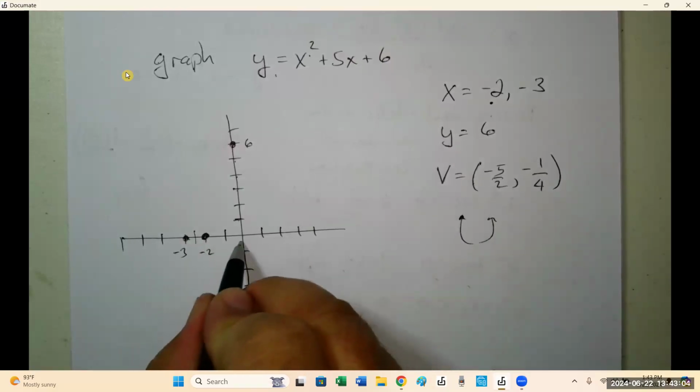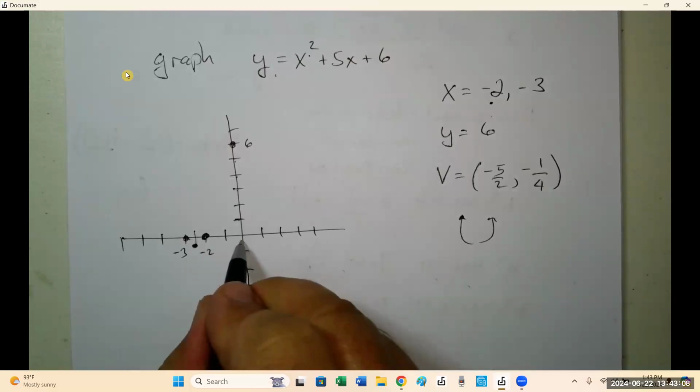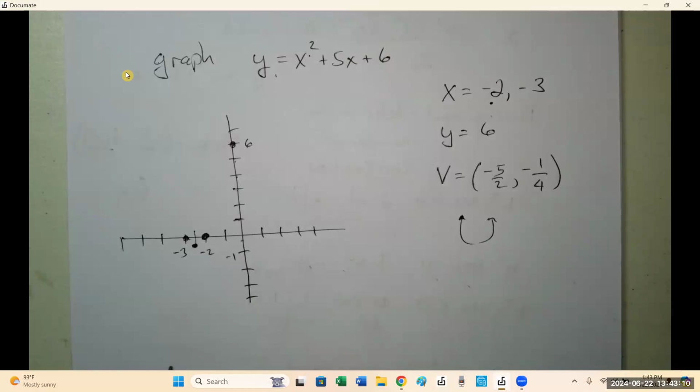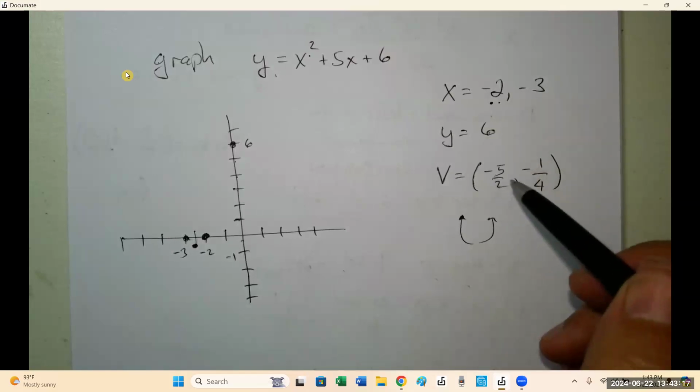And it's negative 1/4, which is there. That's negative 1. Okay, so we found our x-intercepts, the y-intercept, and the vertex.